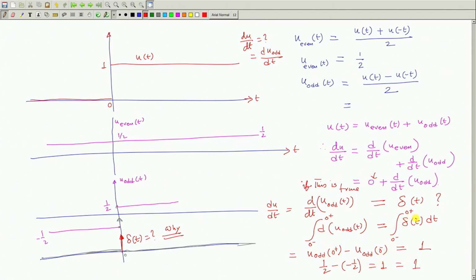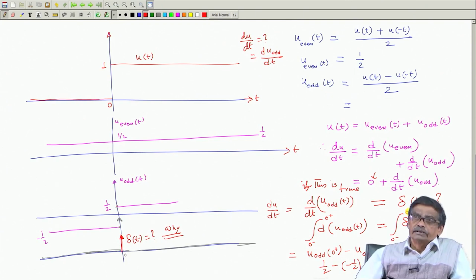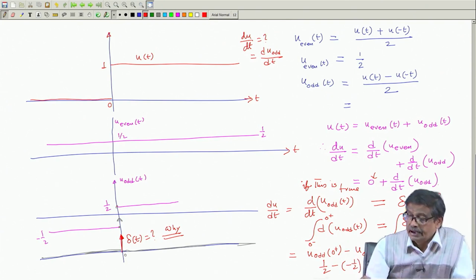On the right hand side this has to be equal to 1, and indeed it will be 1 if you integrate delta t dt from 0 minus to 0 plus. Therefore, we say that if you differentiate a unit step function, you will get delta t.